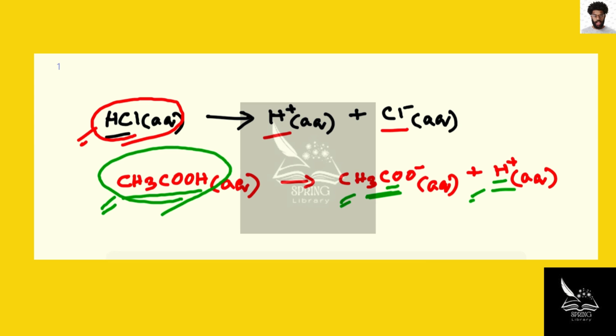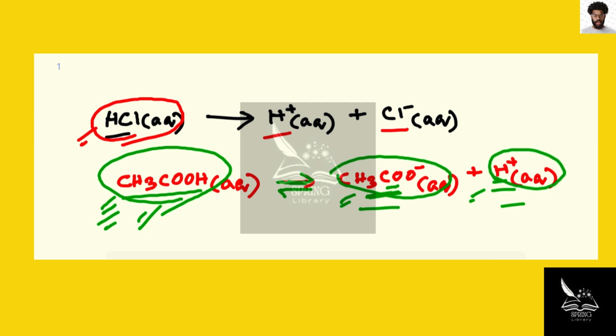One is the forward reaction, which forms CH3COO minus and H plus ion from acetic acid, and at the same time we have a backward reaction which will form acetic acid from the acetate ion and the hydrogen ion.